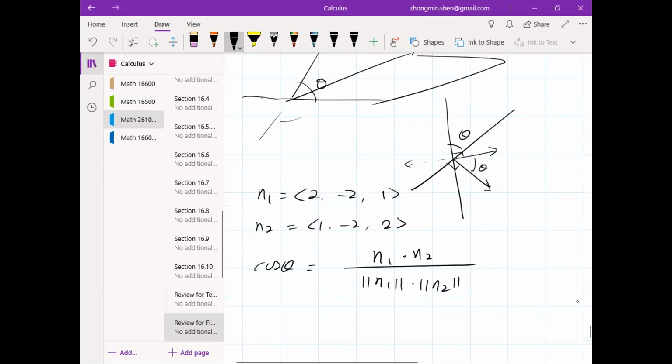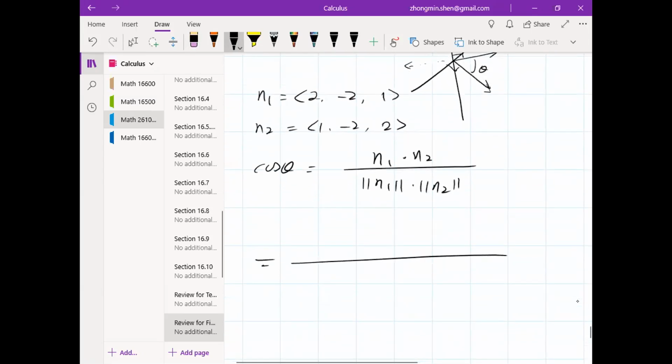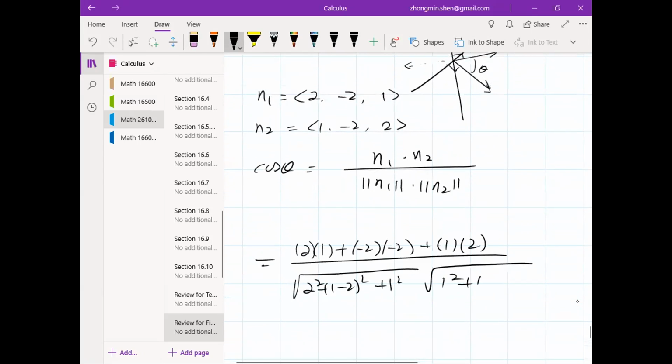The dot product is going to be 2 times 1 plus (-2) times (-2) plus 1 times 2. And the denominator is 2 squared plus (-2) squared plus 1 squared, times 1 squared plus (-2) squared plus 2 squared.